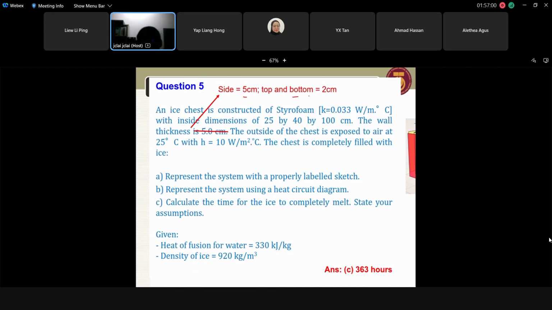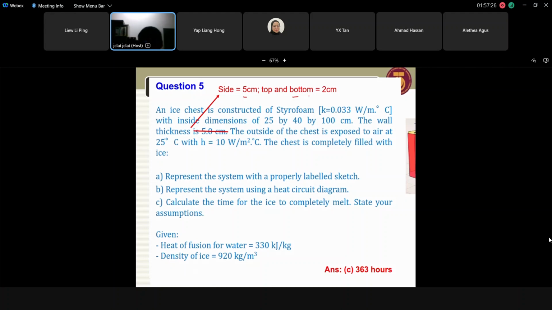I want all of you to try now: how does the circuit diagram look like? I give you 2 minutes. Construct a circuit diagram for this system.